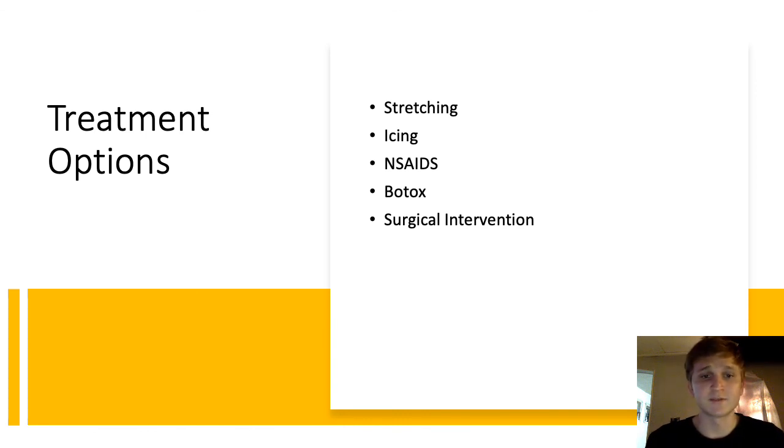Botox was a different one that I saw, where they would inject Botox in order to try to inactivate the piriformis muscle, try to get it to stop compressing on that sciatic nerve. And then lastly, the surgical intervention is very rare, but sometimes is required in severe cases.